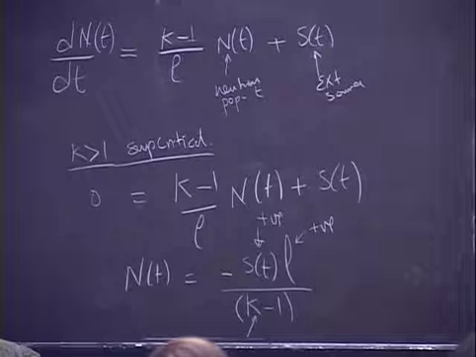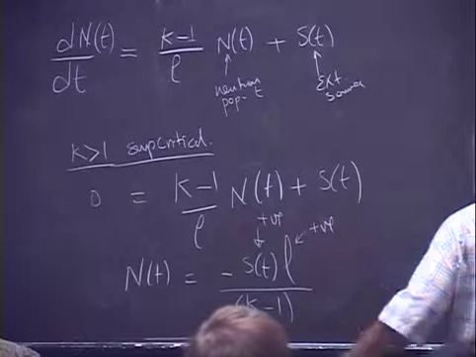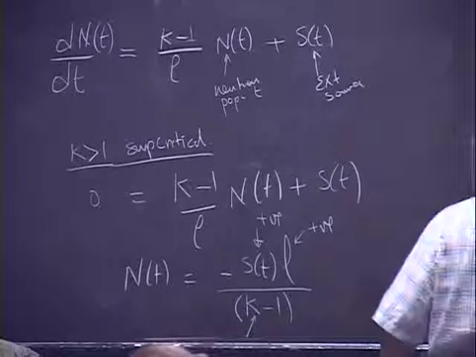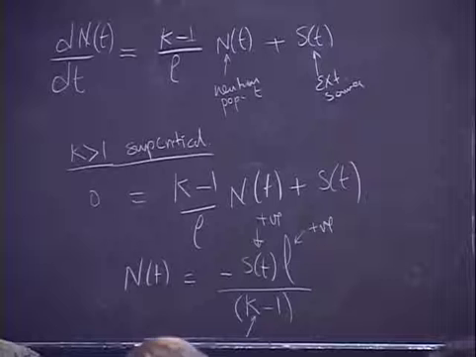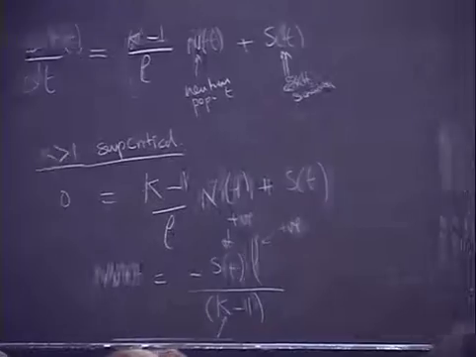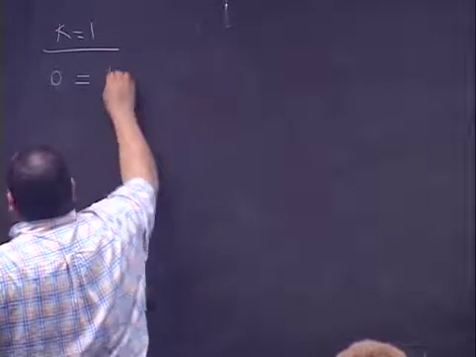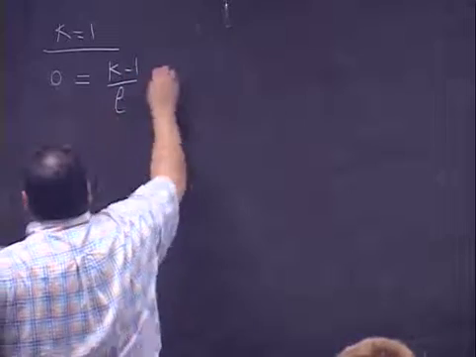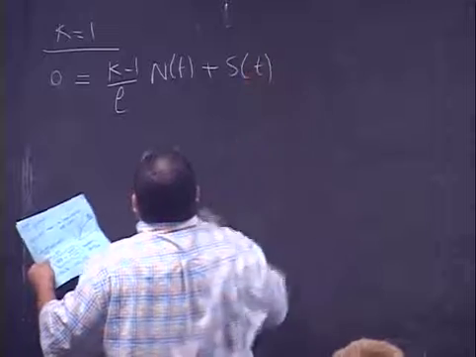Let's assume instead that you make k equal to 1 now and look at what will happen to the neutron population. So k equal to 1, and you also assume steady state, so 0 equals (k minus 1) over L multiplied by n of t, plus S of t.